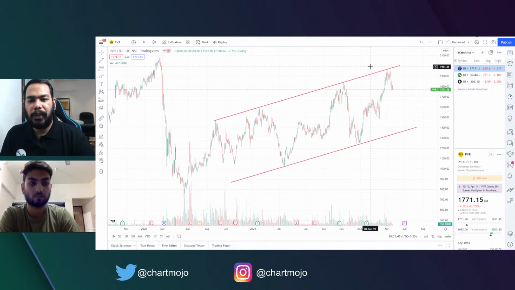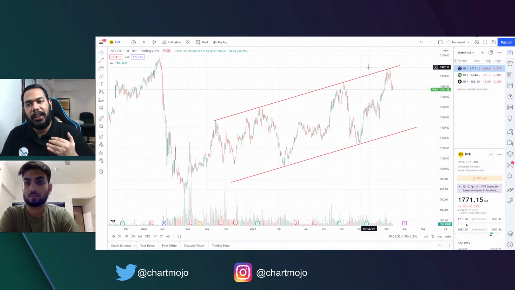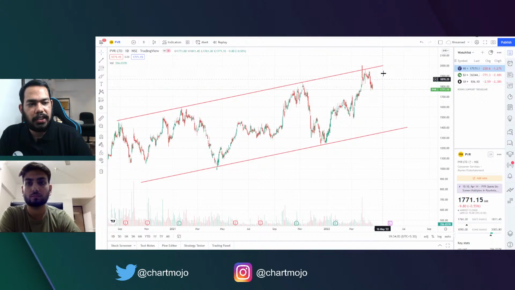So what I'm simply saying, anyone who wants to take a fresh trade in PVR, just wait for the 2000 level to be taken out. At that time, you can keep a small SL and then trade long in this. Right now, I think a long trade is not advisable in this particular counter. If someone is holding for trading purpose, then one can exit their counter.